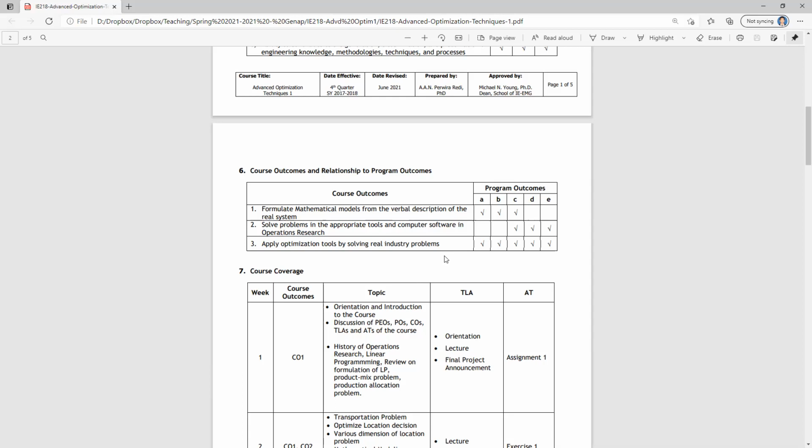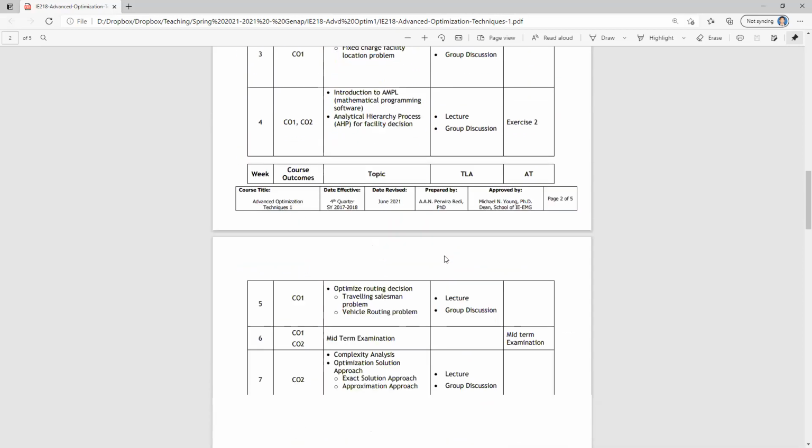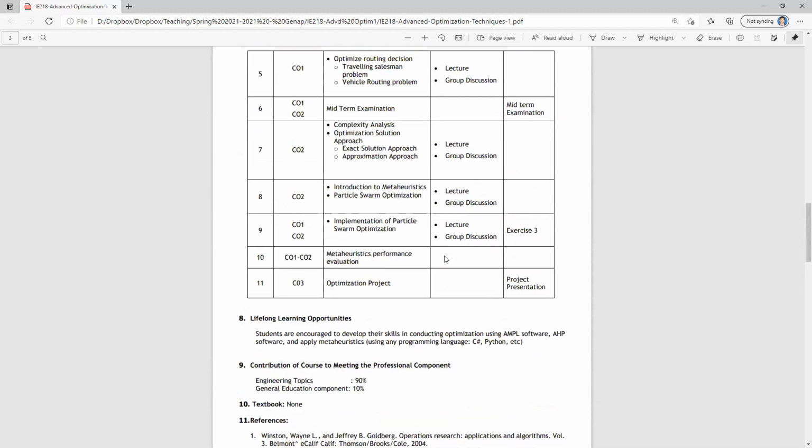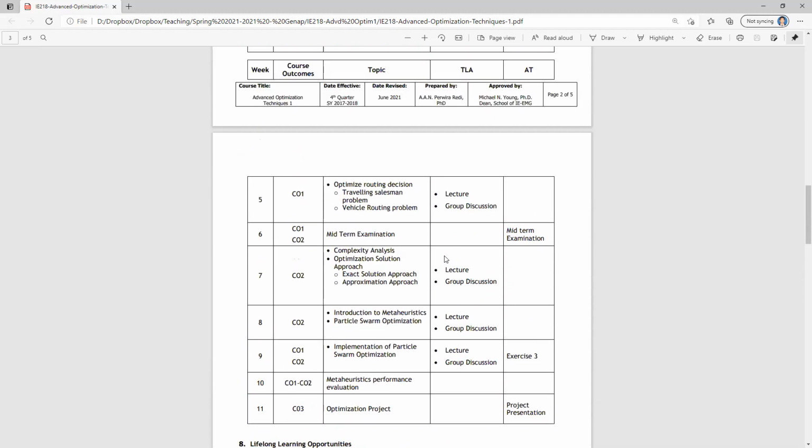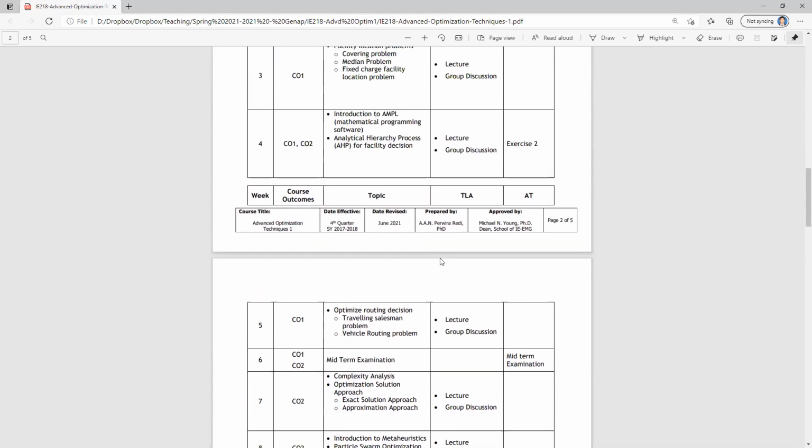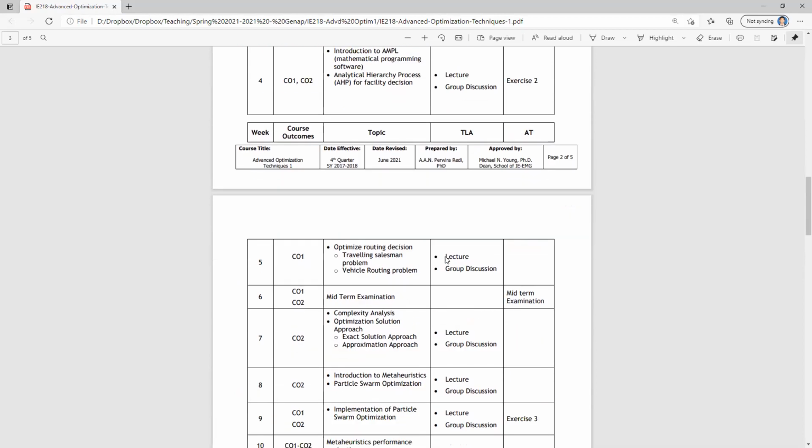Okay, and the course is designed for 11 weeks, which consists of one midterm exam week and one project presentation week. So basically, the teaching and learning activities will be conducted in only 9 weeks.